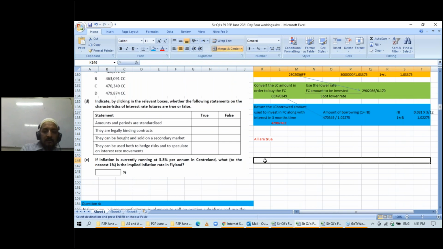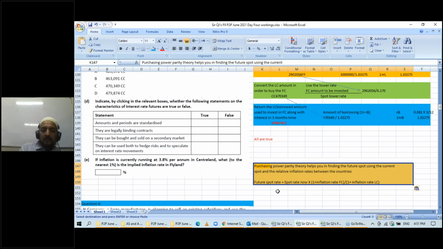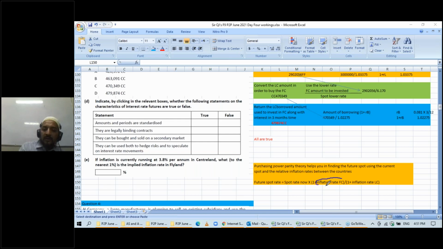The formula is: future spot rate is equal to spot rate now, multiplied by these two items over here, which are the inflation in foreign currency, with the inflation rate in local currency in the denominator. In the formula for the interest rate parity theorem, the formula included interest rates on which the forward rate was based.